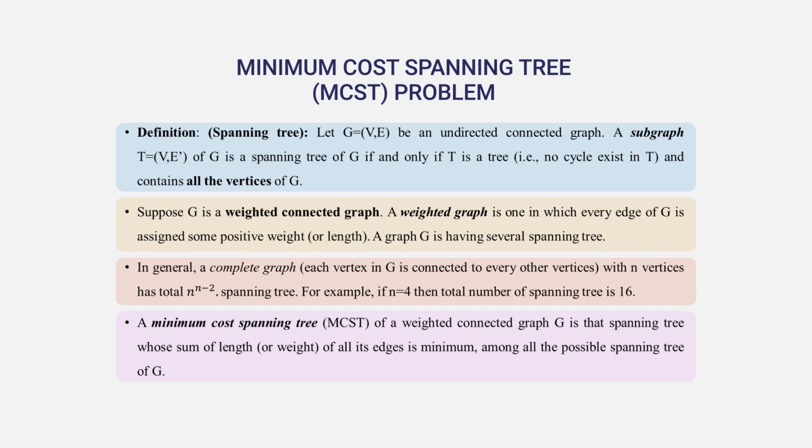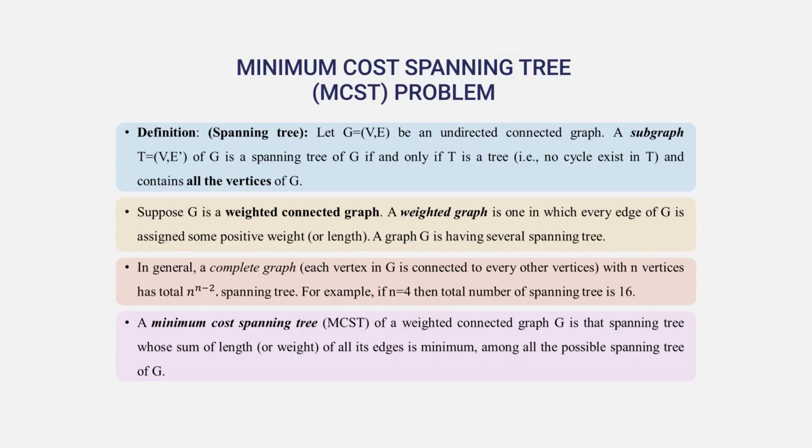It means that if you are able to form a cycle within the graph, then it is not a spanning tree. If there is no cycle and there are fewer edges as compared to the original graph, then it is referred to as a spanning tree, and then the minimum cost spanning tree.